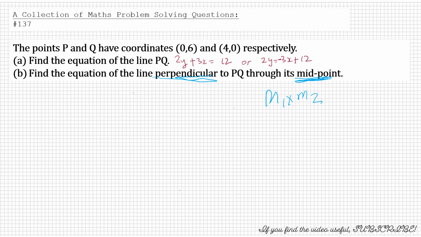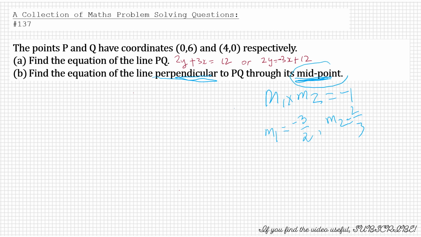If m1 equals minus 3 out of 2, then m2 would be 2 out of 3, the product being minus 1.